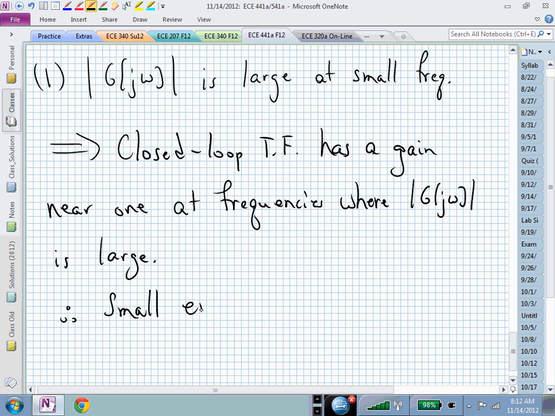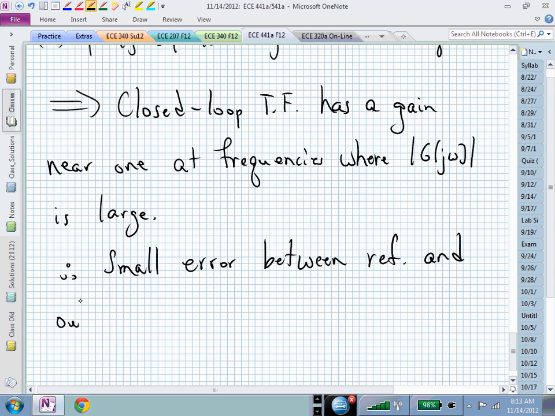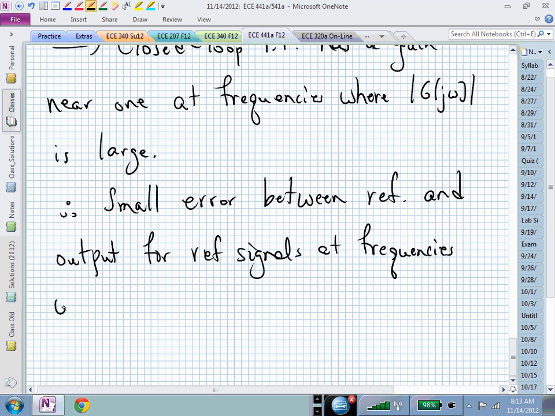Which means that we have this small error between the reference signal and the output when these reference signal frequencies are in the range where the magnitude of the transfer function is large. So for reference signals at frequencies where G of j omega is large.